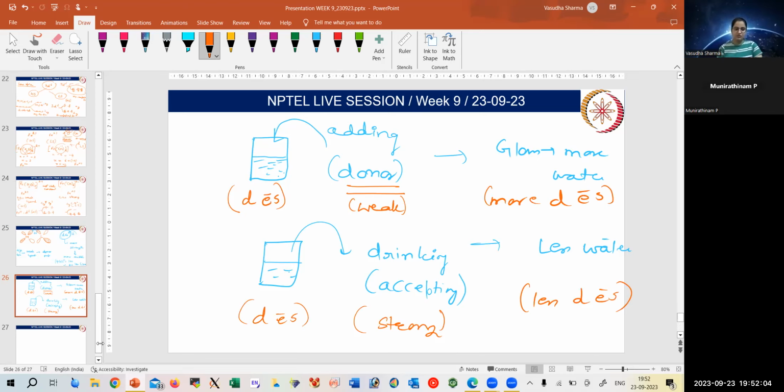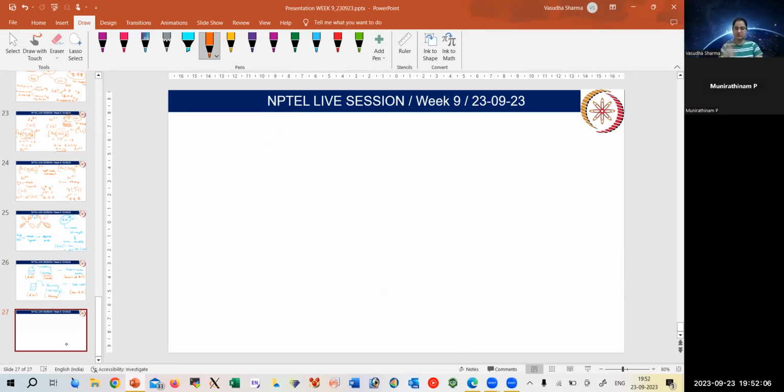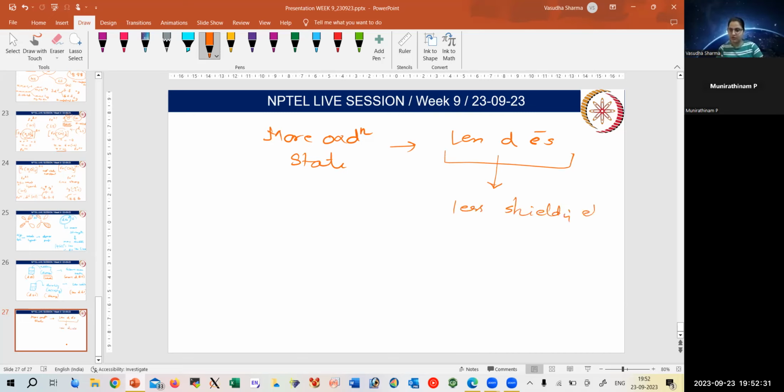Understood, ma'am. So we already saw the first concept: more oxidation state of the metal, when oxidation state is more, fewer d electrons. This is clear? So when fewer d electrons, there would be less shielding effect on s electrons.